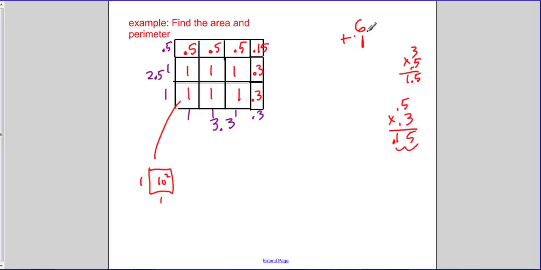Again, after a whole number, I need to put a decimal point. I need to line up my decimal points when I'm adding. And then I've got a 0.15 here. Again, decimal points must line up when I add. Then I have 2 0.3s. Well, 2 times 0.3 is 0.6.